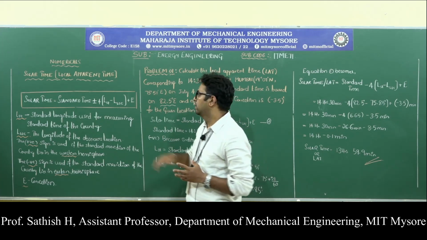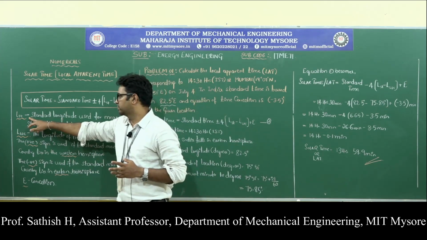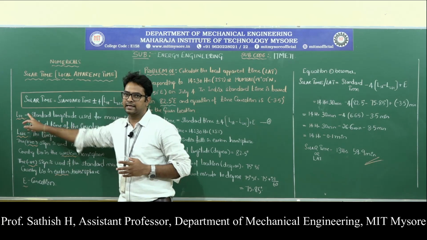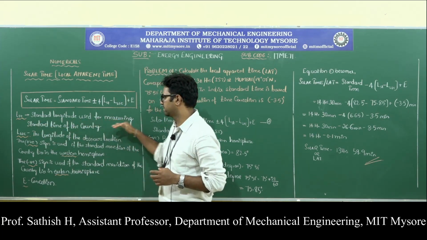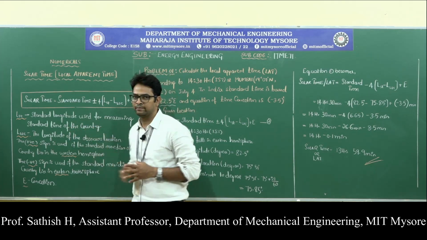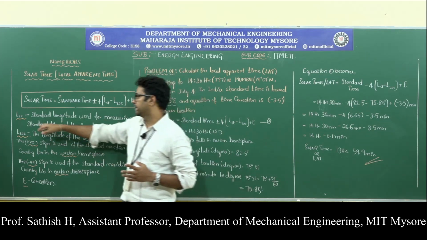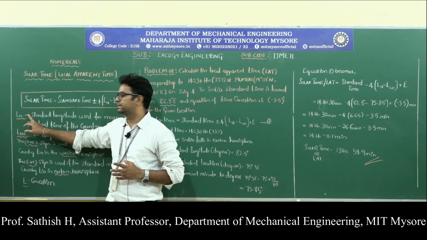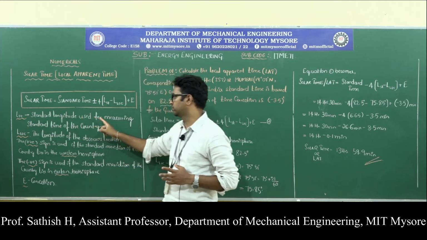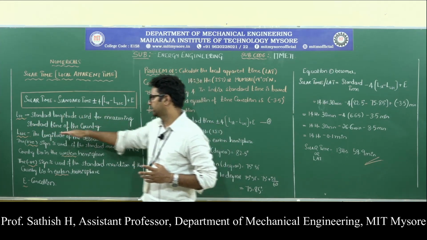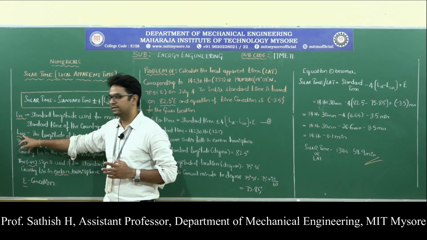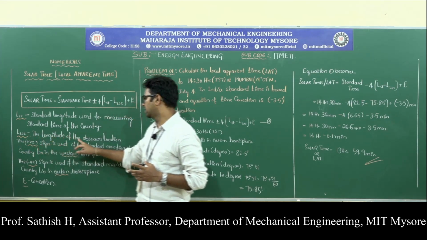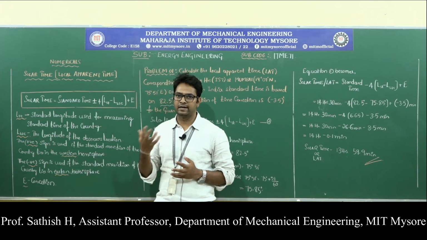Here in L standard, what does it mean? It is the standard longitude used for measuring the standard time of the country. I repeat that: L suffix ST stands for the standard longitude used for measuring the standard time of the country, and L location, that is LOC, is the longitude of the observer's location, where the observer is.